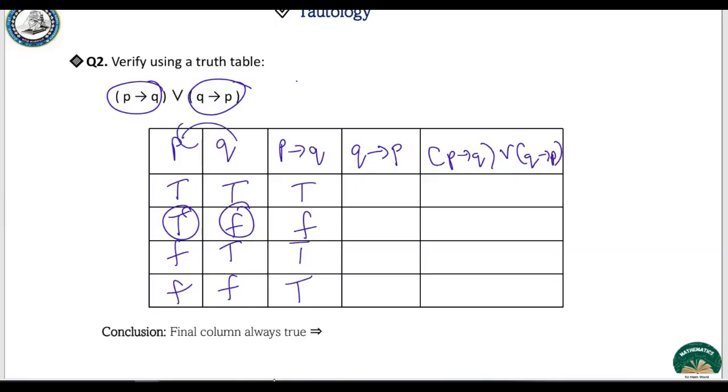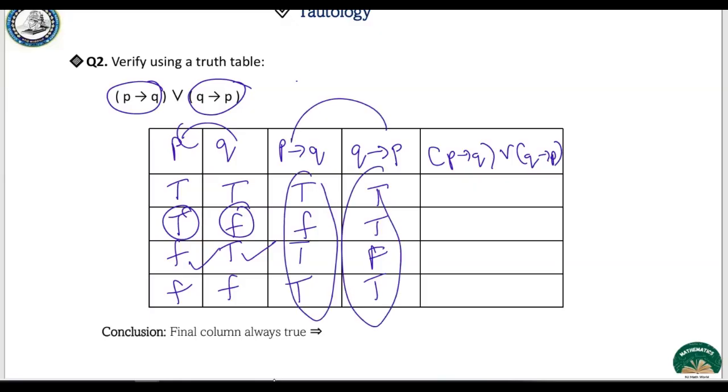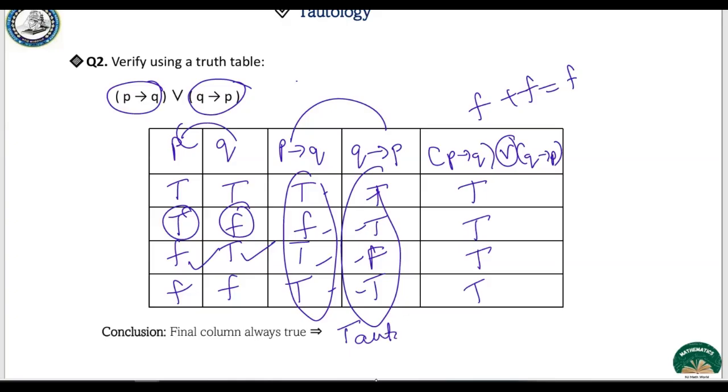We have T and F, yes, we have it here, then it is F. The remaining all will be T. Now for these two columns, we have to check the condition or. Or is F and F gives you F. So we'll check whether we have F on both sides. No, we don't have it anywhere. Then the answer is T. Therefore all the values are true, so it is a tautology.